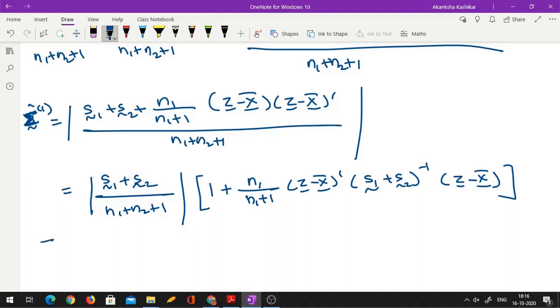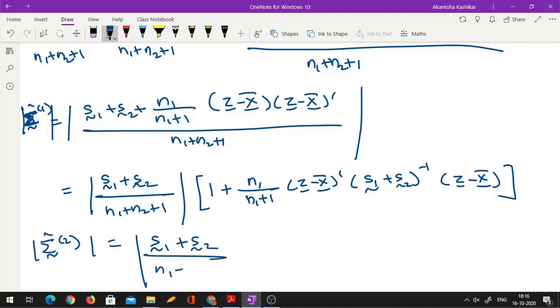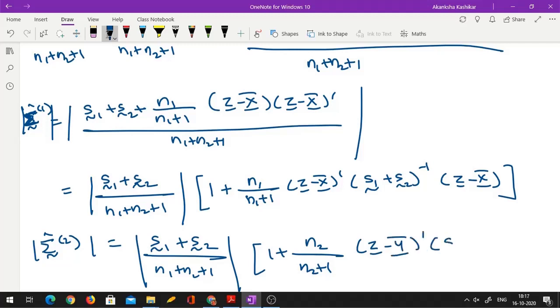Okay, this is the determinant of sigma 1 hat, of course, and similarly the determinant of sigma 2 hat would be (S1 plus S2) upon (N1 plus N2 plus 1) times 1 plus N2 upon N2 plus 1 (Z minus Y bar) prime (S1 plus S2) inverse (Z minus Y bar).